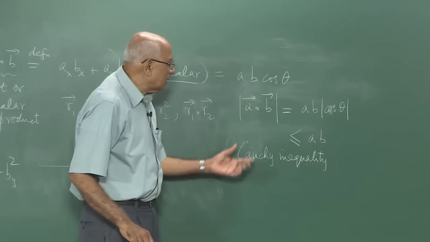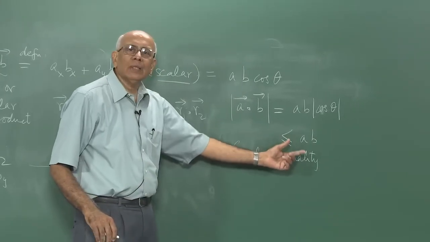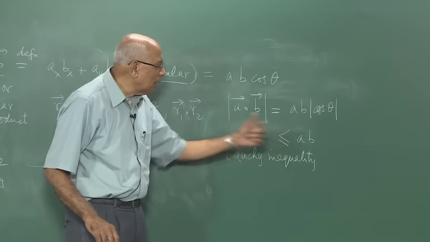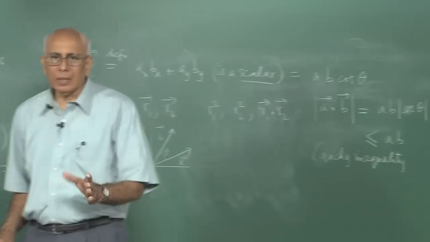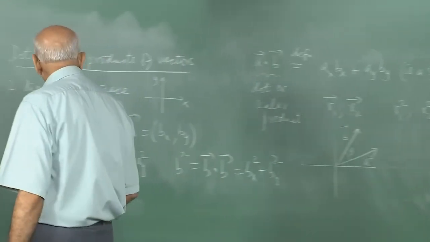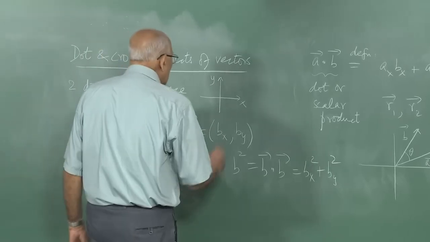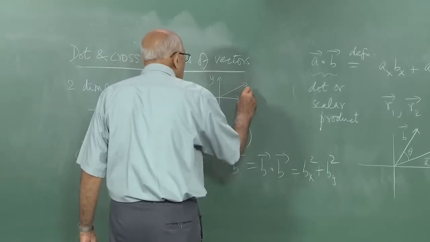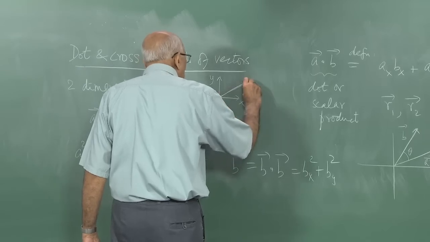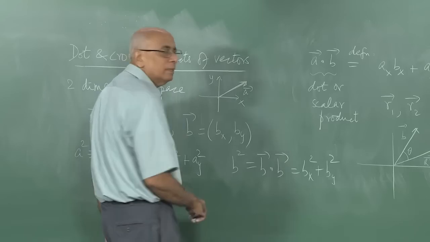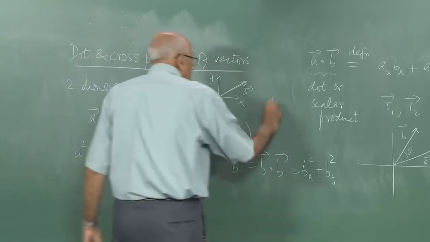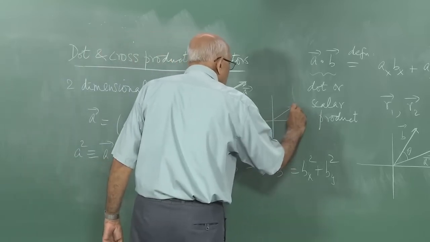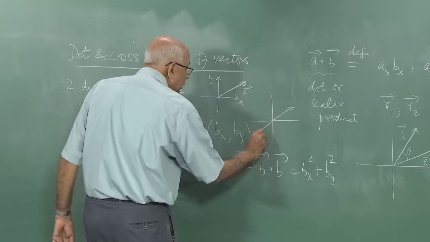Now the simple question is, when does this become equal to AB? Obviously when the magnitude of cos theta is equal to 1. And when does that happen? It happens either when A is out here and B is out there in the same direction, so theta is 0, or when A is in this direction and B is in this direction.